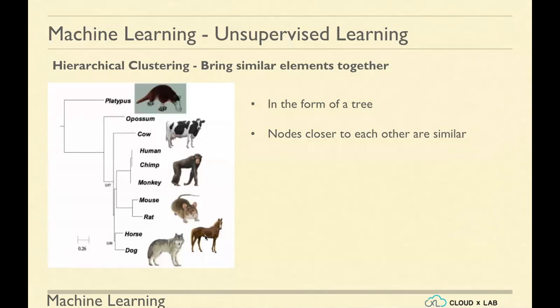Given the details of all the species, coming up with such a chart is called hierarchical clustering. It's in the form of a tree, and nodes that are closer to each other are similar.